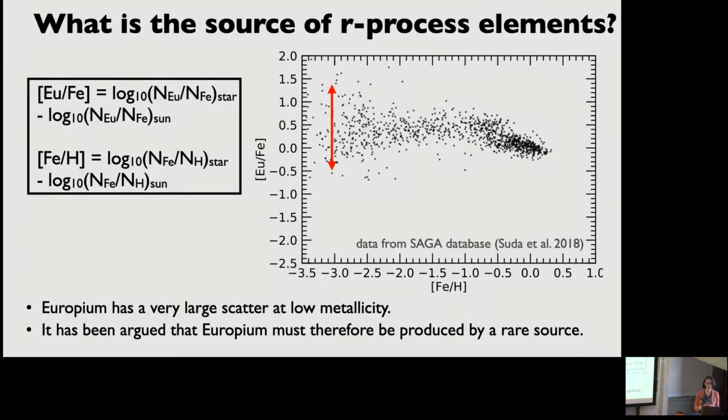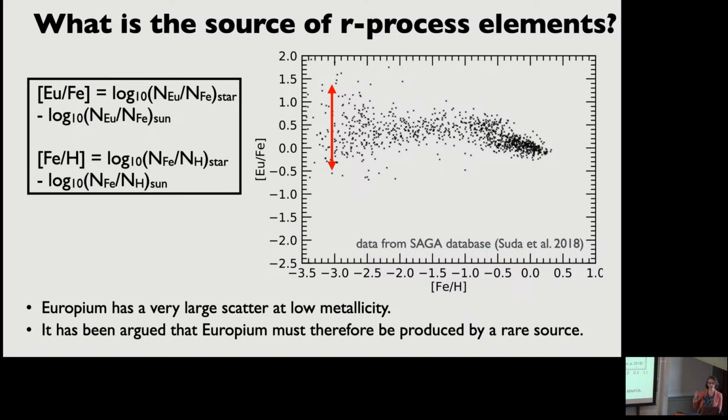So these are observations that I got from the SAGA database, and you can see this is in metallicity abundance ratio units. So these are bracket notations, and it means that they are normalized to solar as well as logarithmic, even though the logarithm isn't specifically specified. But that's what that means. So you can see it with the red arrow I've drawn.